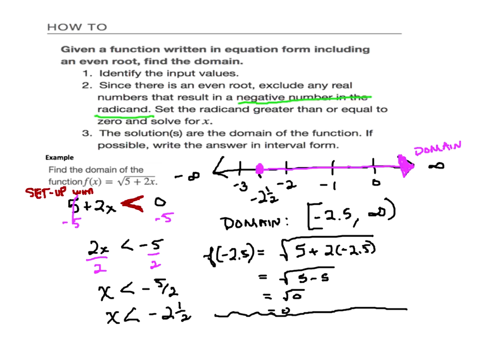Set up what you don't want happening. So I'm putting a frowny face for the lack of space here. I don't want that expression beneath the root symbol to be negative. If it's less than 0, it's going to be negative. That's how I determine that, Cyprian. Does that make sense now?